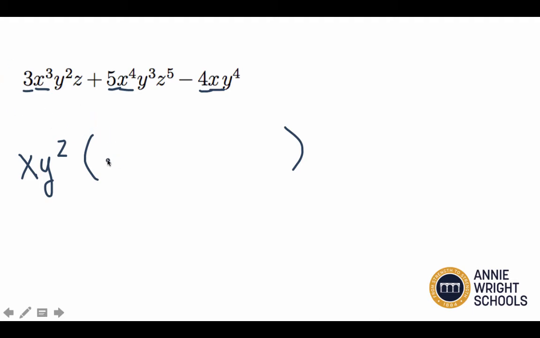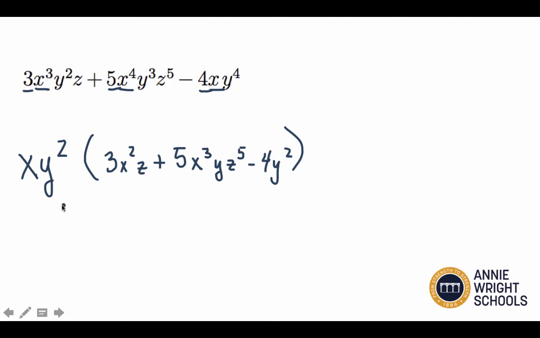So now what I'm left with is 3x squared z plus 5x cubed y to the first, z to the fifth, minus 4y squared.